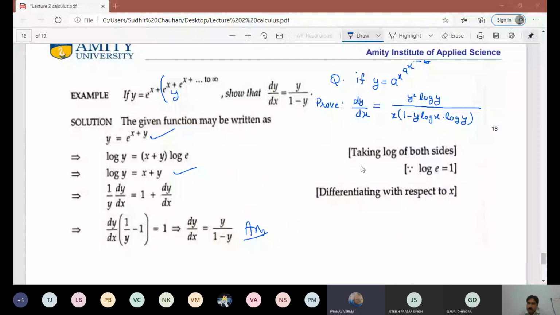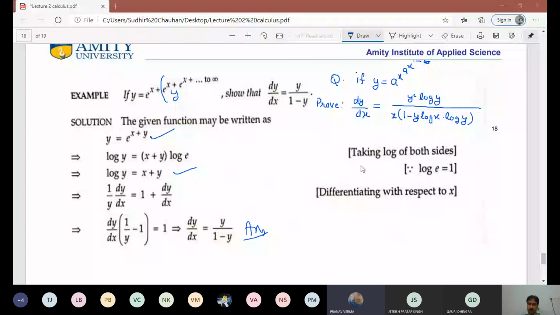We have to apply log m raised to power n is n log m. So it will be log y is equal to x raised to power y into log a.